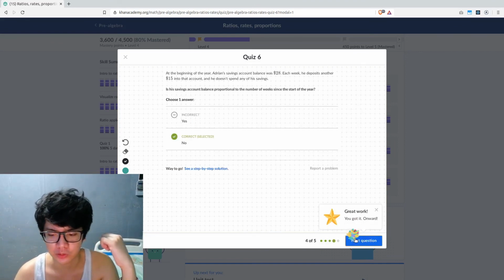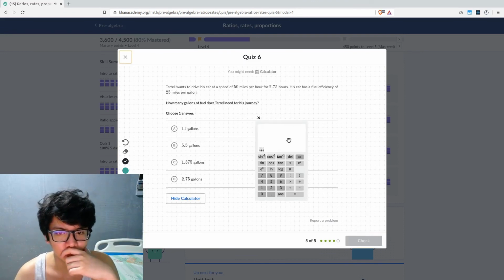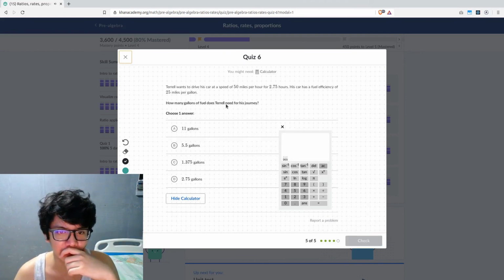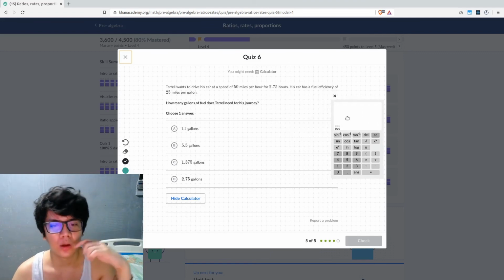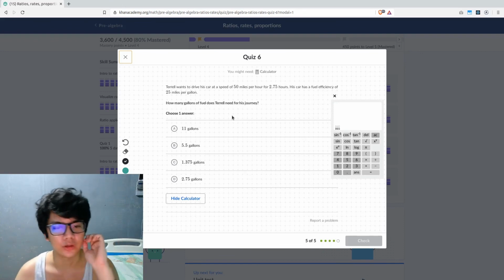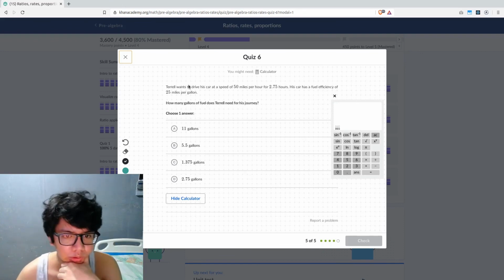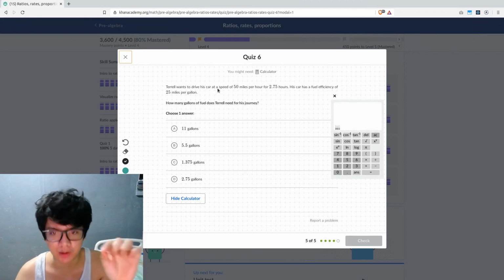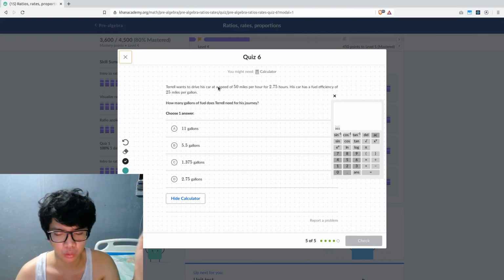At the beginning of the year, Adrian's savings account was... no, it's not proportional. Terrell wants to drive his car at 150 miles per hour for... Oh, wow. Okay, it's hard. So, Terrell wants to drive his car at a speed of 50 miles per hour for 2.75 hours.